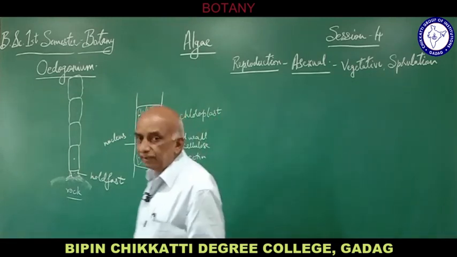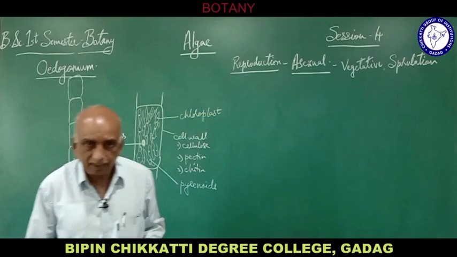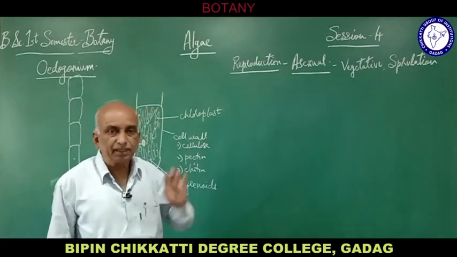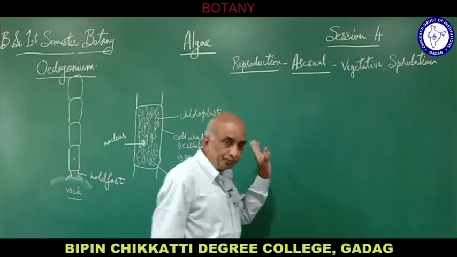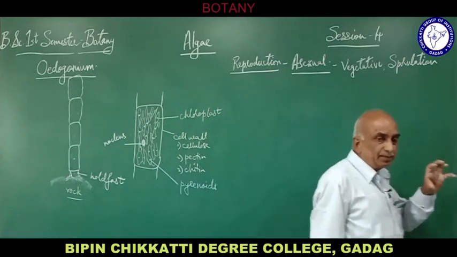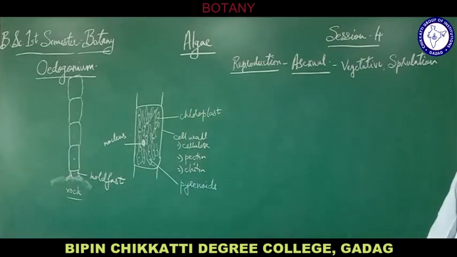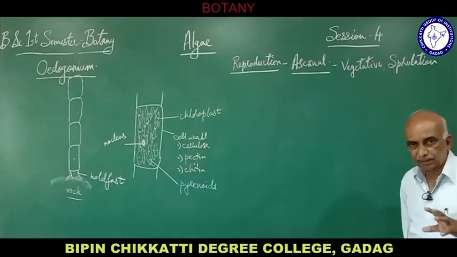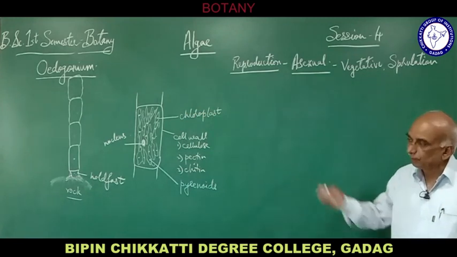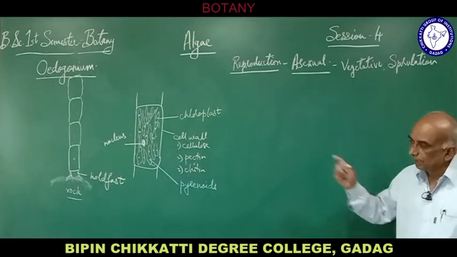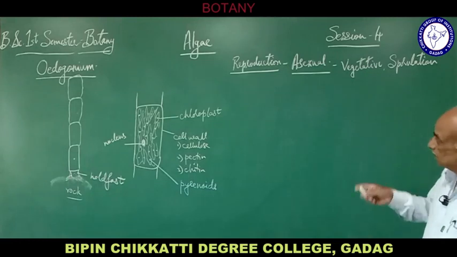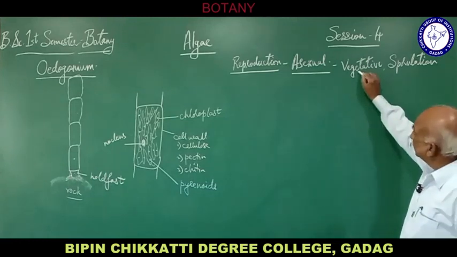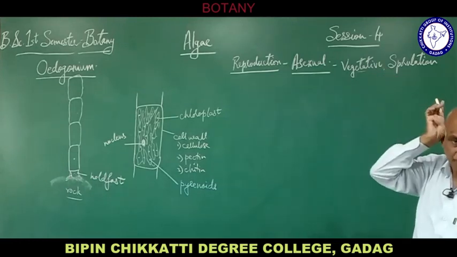The cells divide and the number of cells in the filament increases, and when this filament comes in contact with a solid object, the basal cell becomes a holdfast and attaches to the substratum. That is in the case of the vegetative type of reproduction.